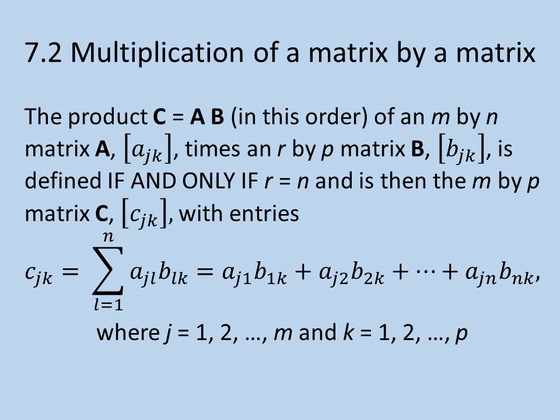The product C, defined as the multiplication of matrix A times matrix B in that order, of an m by n matrix A multiplied by an r by p matrix B, is defined if and only if r is equal to n, and then the result C is of order m by p, with the entries as defined by the following, as shown in this equation.